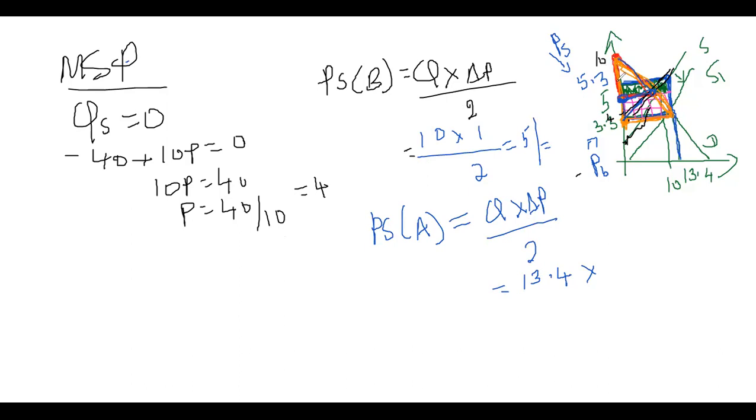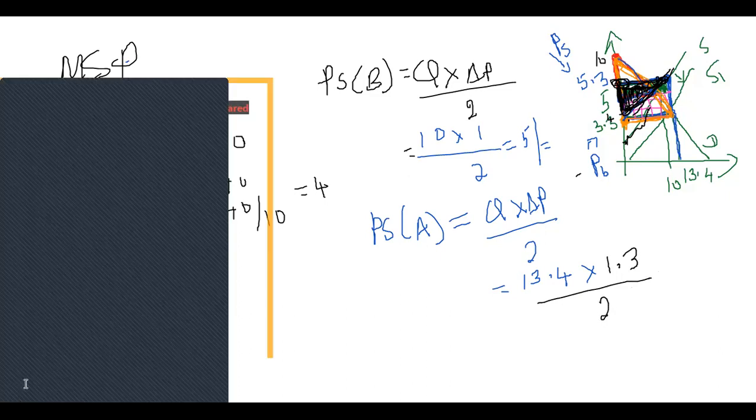The seller's price is 5.3, right? Some people think about the new supply curve, but the new supply curve is not the matter here. You must think about the seller's price minus the minimum supply price. Therefore, delta P is 5.3 minus 4, which is 1.3, over 2.